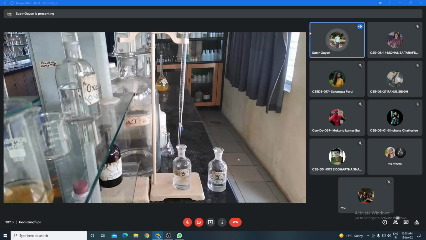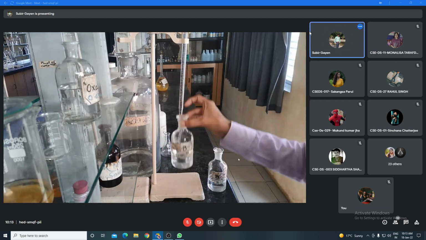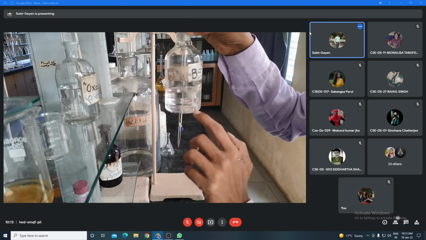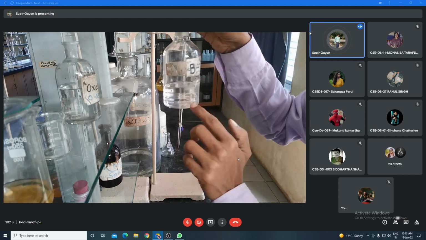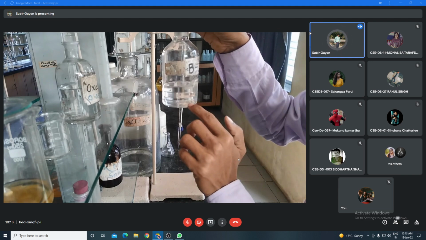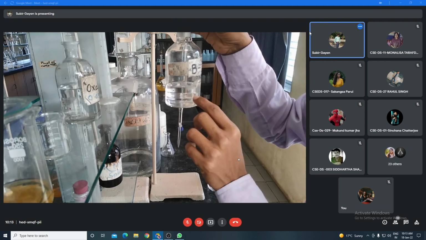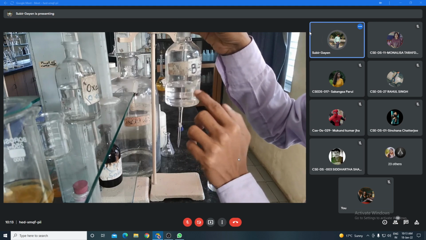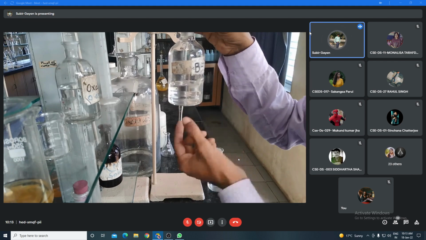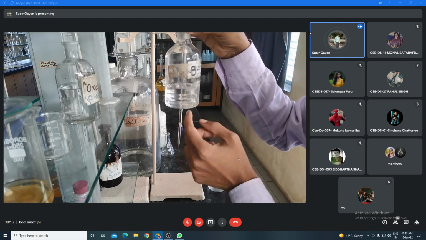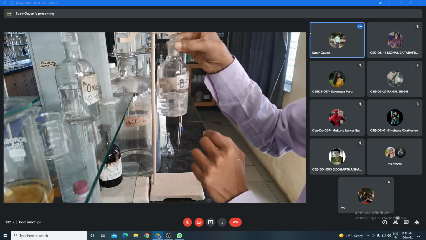Okay. Now 5 minutes are complete. Now see here, there are two distinct layers. The upper layer is the organic layer and the lower layer is the aqueous layer, because the organic layer's density is low and the aqueous layer's density is 0.99, approximately 1, nearly 1.